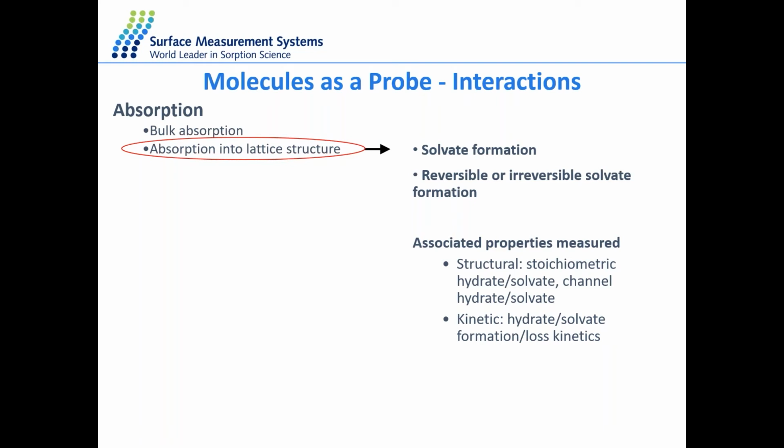A non-stoichiometric hydrate, for example, has a structure in which we cannot exactly define the number of molecules that end up in the structure of the final product. The other concept that we have to remember is reversibility. Is the hydrate reversible or irreversible? Can we go back to the anhydrous form, or if we can't, then it is irreversible. We're going to have a look into more detail on this, specifically in the application section.